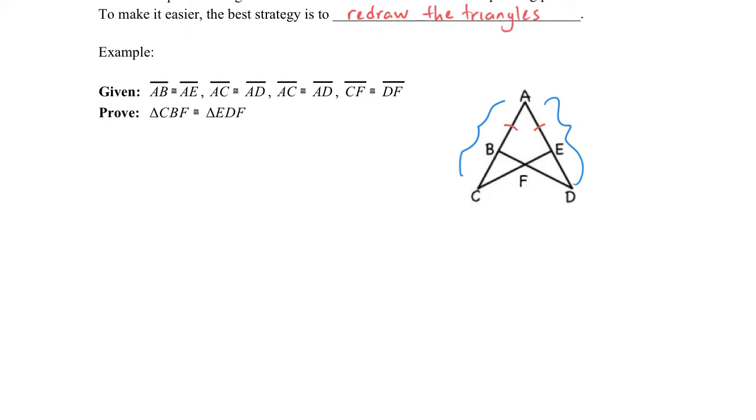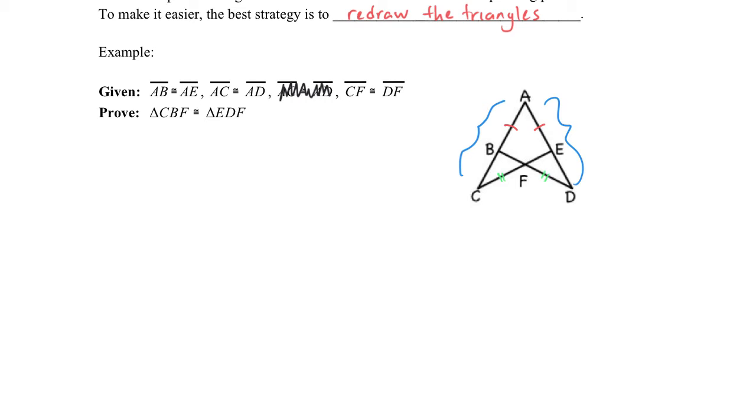So we use these brackets here to indicate that the entire side is congruent to the entire side. So what else do we have here? This is actually a mistake. I see that I've got this as a duplicate, so we don't need that. And then I have that CF is congruent to DF.